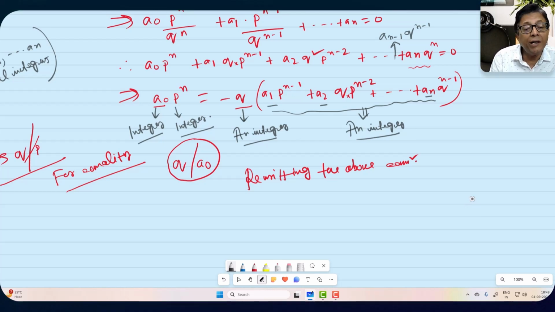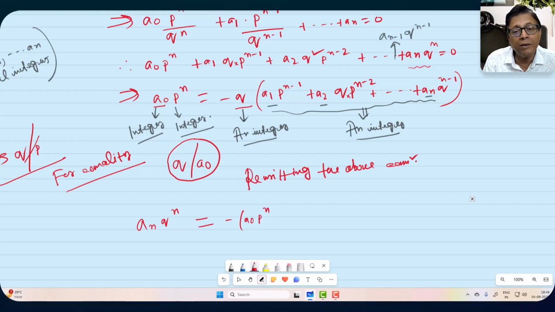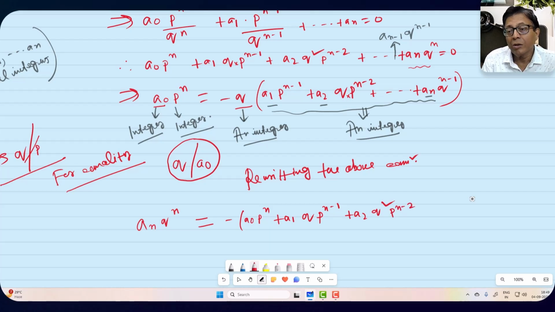Now keep an q to the power n on one side, transferring all the terms on the right side. So it is minus a0 p to the power n, a1 q p to the power n minus 1, a2 q square p to the power n minus 2 up to an minus 1 q to the power n minus 1.